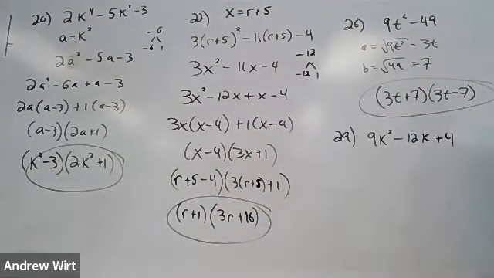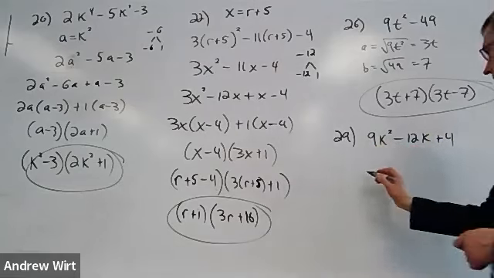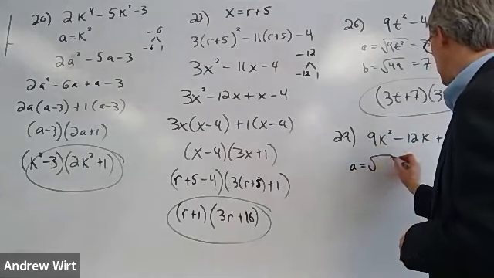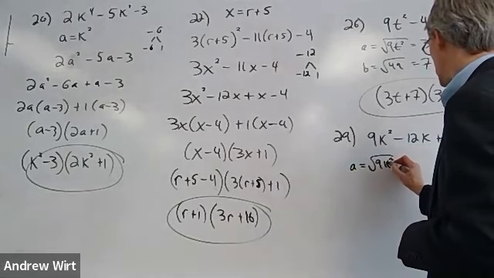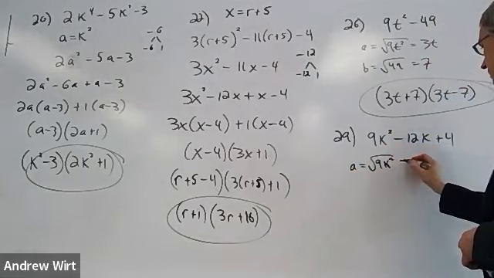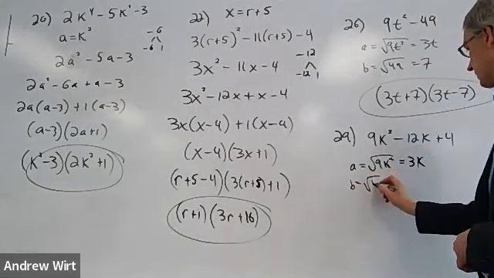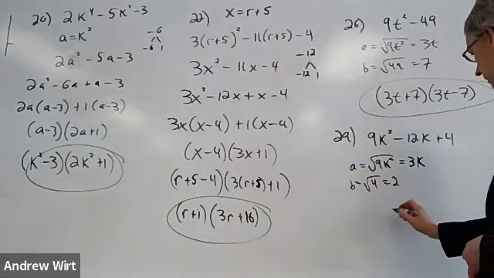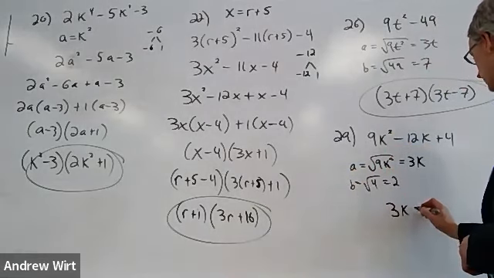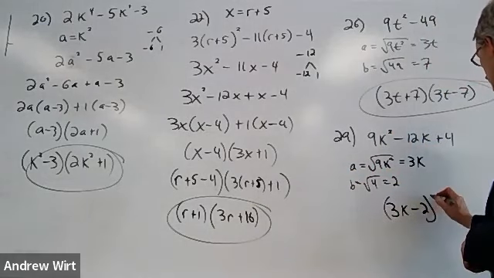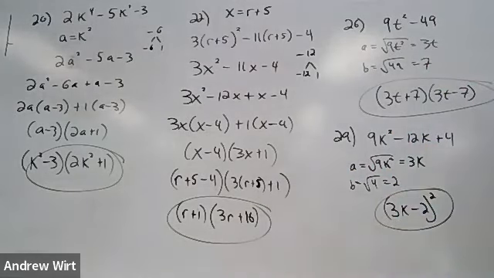But if you recognize that this is a perfect square trinomial, a perfect square here, and this is 2ab, that means we can take the square root of the first term and get 3k. And for b, the square root of the last term, 2, and stick it in the formula: 3k minus 2 squared. But if you do it using the AC method, you get the same answer.